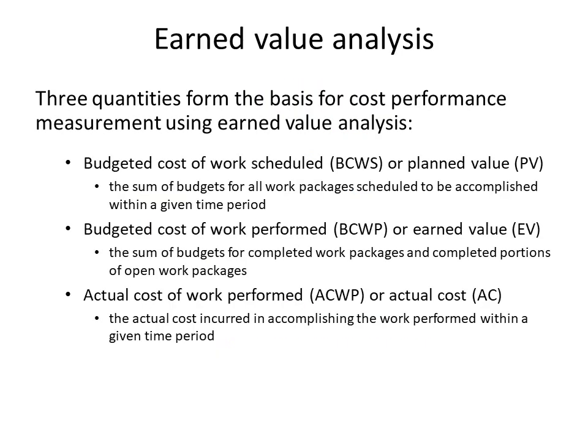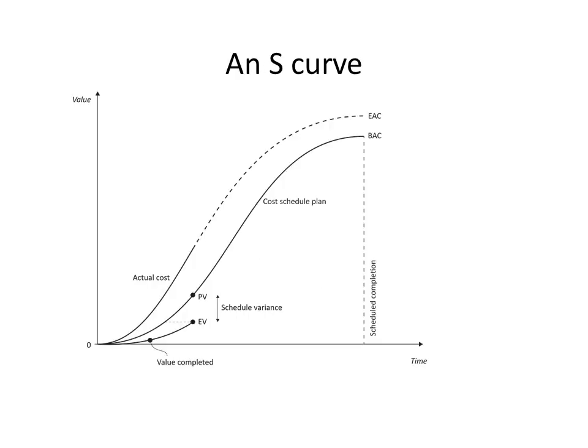Previous slide, we've got the actual cost, the earned value, and by measuring the distance we can see on this one the earned value is less than the planned value. So we've got a schedule variance and the actual cost is higher than the planned value.